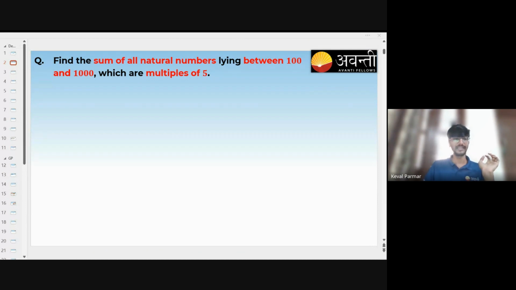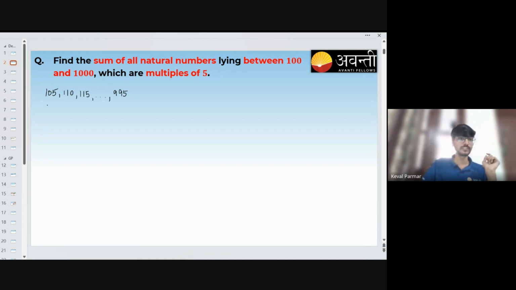So the first will be 105, then 110, then 115, and it'll go up to 995. We cannot take 1000 because the multiples of 5 should be between 100 and 1000.